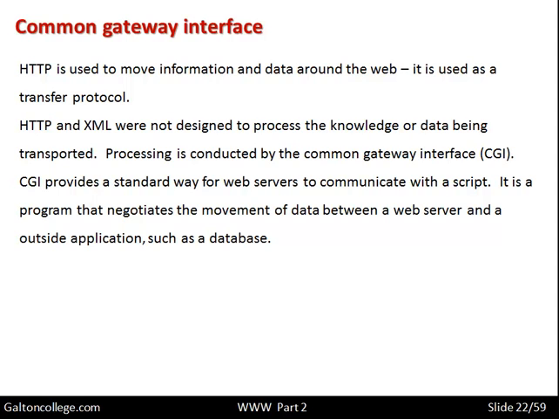It is a program that negotiates the movement of data between a web server and an outside application, such as a database. So CGI enables communications in the background on the server side. It enables communications between a database and the server can look at the queries from the users, match the type of queries with the information contained in the database, and it's able to do that because it's got a standard.